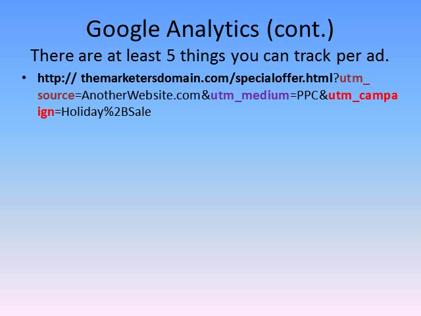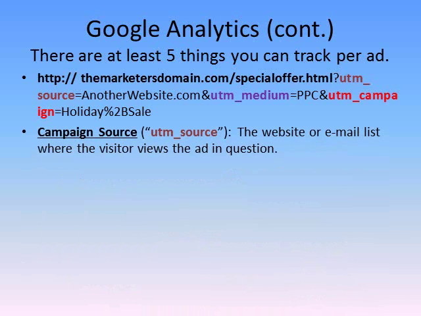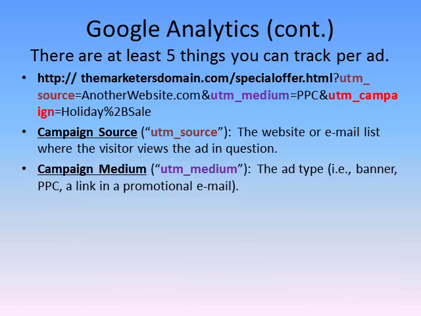Right? So look at that. Look at these tags and look at the 3 things in here we've tagged. There are 2 more we could have followed. We don't in this example. I've kept it simple. The campaign source, that's the website or email list where the visitor views the ad in question. Pretty straightforward.